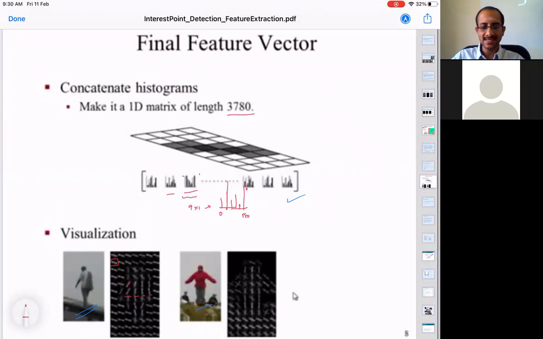Because for a 64 cross 128 image itself, computation of HoG needs that many operations. For each 8 cross 8, you need to compute the gradients. After gradients, you need to compute the histogram, and then you have to concatenate.